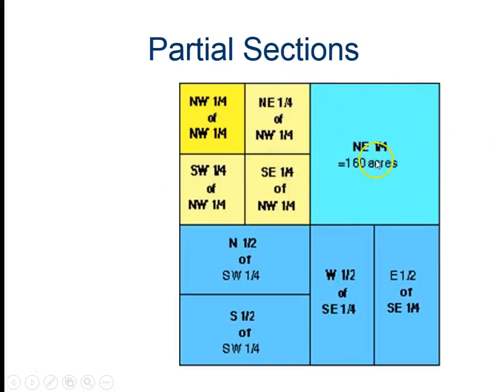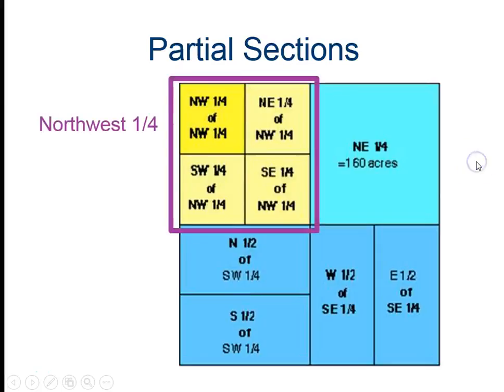This is the northeast quarter. I might divide a northeast quarter into a west half and an east half, or a north half and a south half. So for instance, this is the north half of the southwest quarter. Or I could divide the quarter into quarters. So for instance, this is the southeast quarter of the northeast quarter of the whole thing.